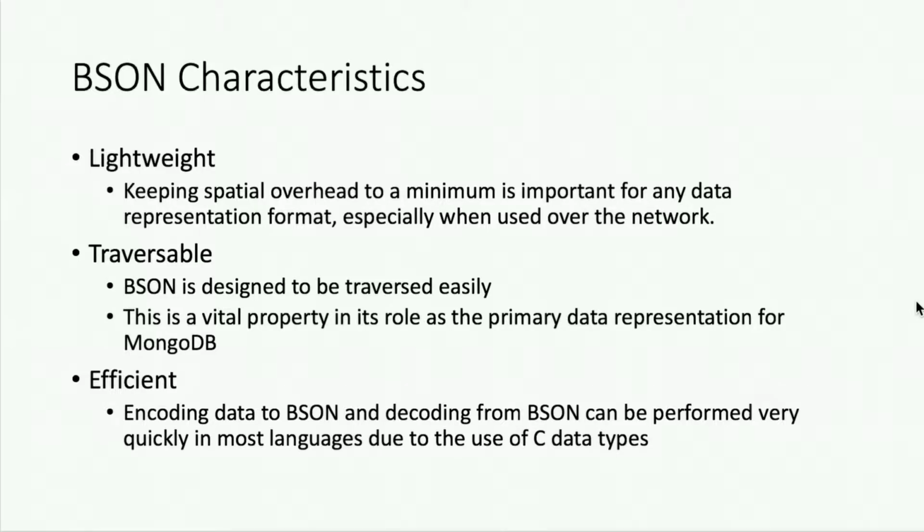If we created some sort of object, so we pulled something back and called it data, then in the Facebook example, if I had data open brackets error and returned that back again, I would get the nested object from the key value pair. And also it's very efficient because encoding data to BSON and decoding it is very quick in most languages because it uses C data types. Okay, and I can attest to that.